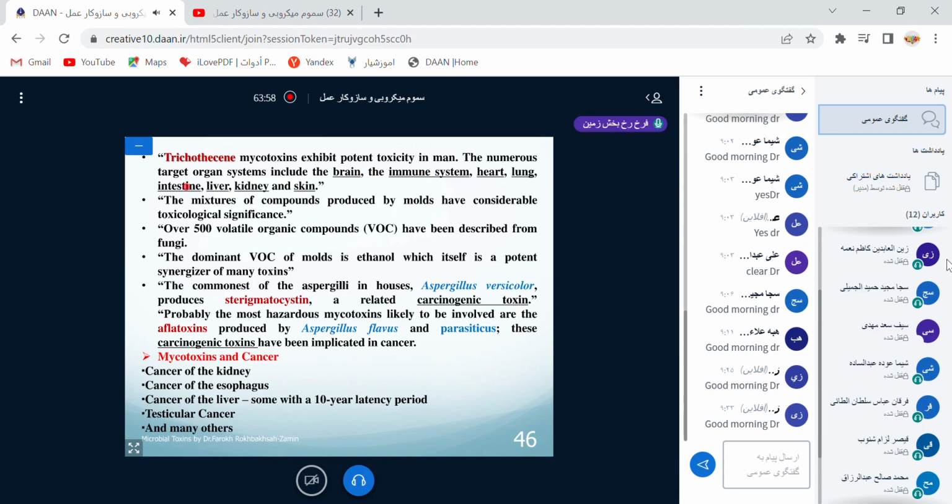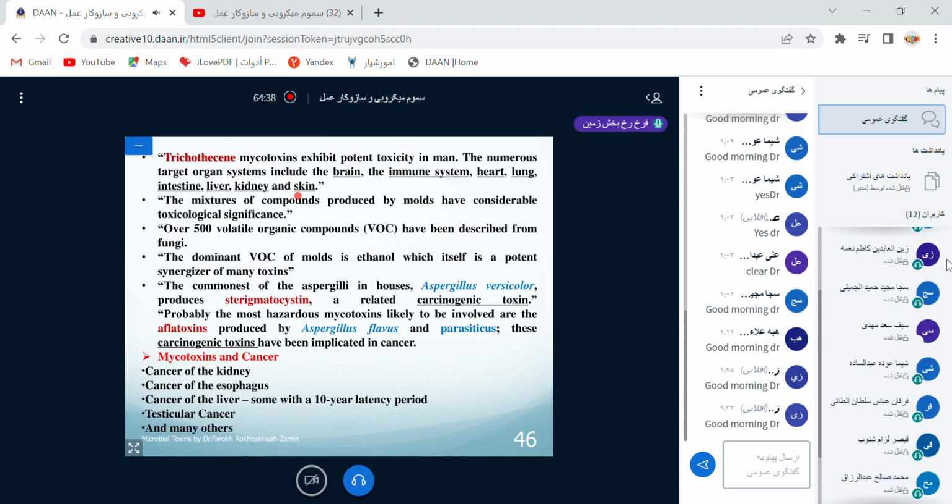The numerous target organ systems include, okay, we want to know if trichothecene comes into our body, which tissues are going to have problems? Brain, immune system, heart, lung, intestine, liver, kidney, and skin. So as you see, there are several vital parts of the body.